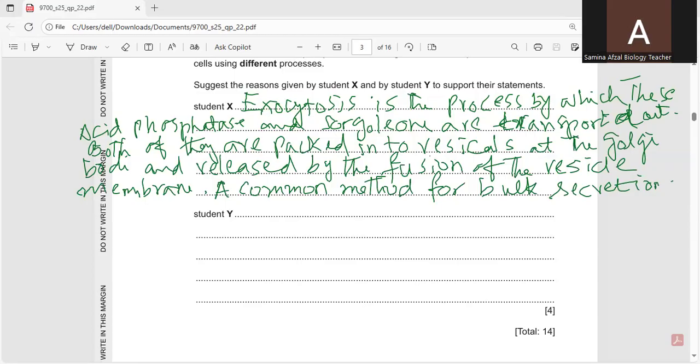Now student Y: acid phosphatase and sorgoleone are transported out using different processes. According to him, both molecules have different nature. Acid phosphatase is hydrophilic.